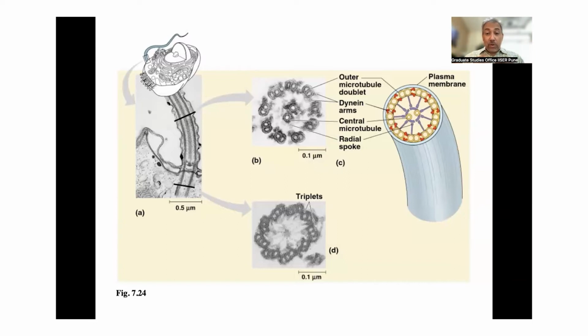Microtubules also play an important role when the cell divides. And when we look at cell division, we'll look at this briefly, to pull the chromosomes apart. The chromosomes will arrange around the center of the cell, and then will get pulled towards the two corners. And the two corners are essentially the centrosome. So the centrosome that's in the center of the cell will divide, make two centrosomes, and now you will have an array of microtubules from both of these.